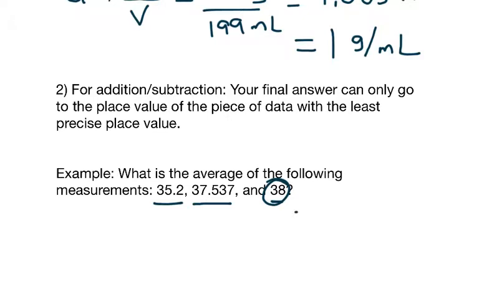I don't have my calculator in front of me, but I'm pretty sure your final answer for that one would be 37 as the average, because that would be the closest whole number to the answer you get on your calculator.